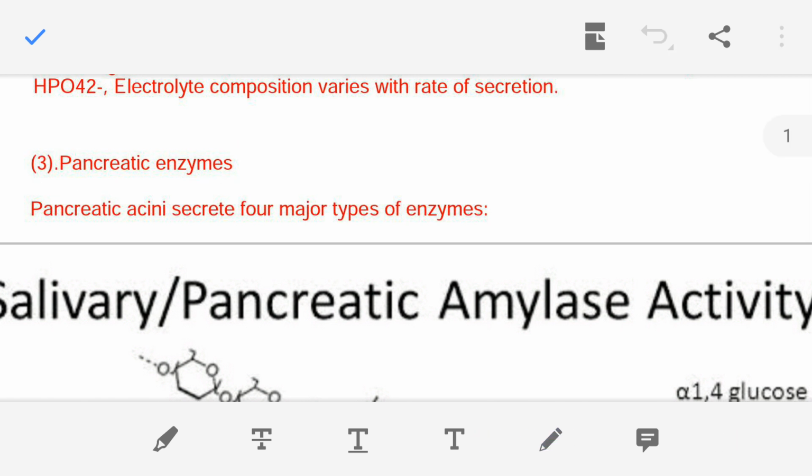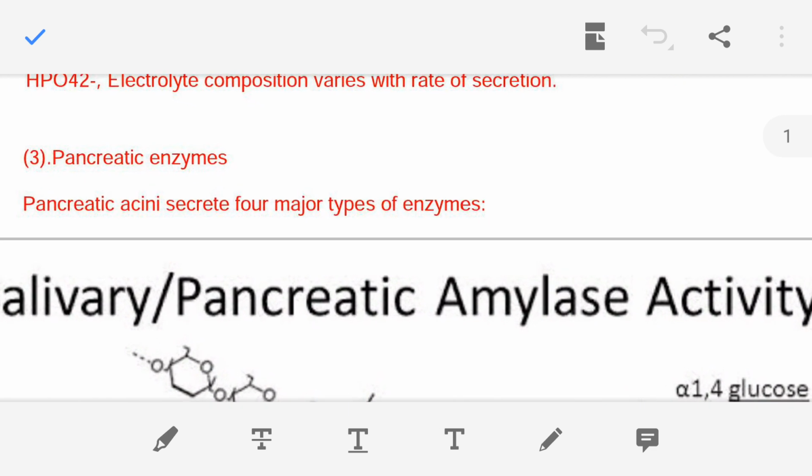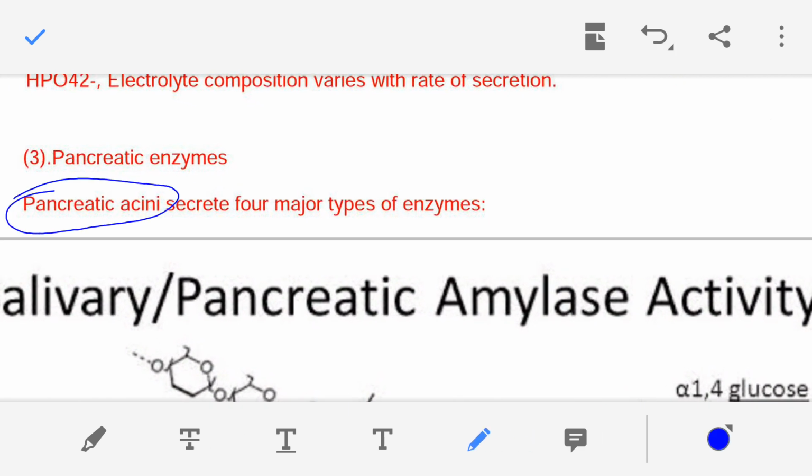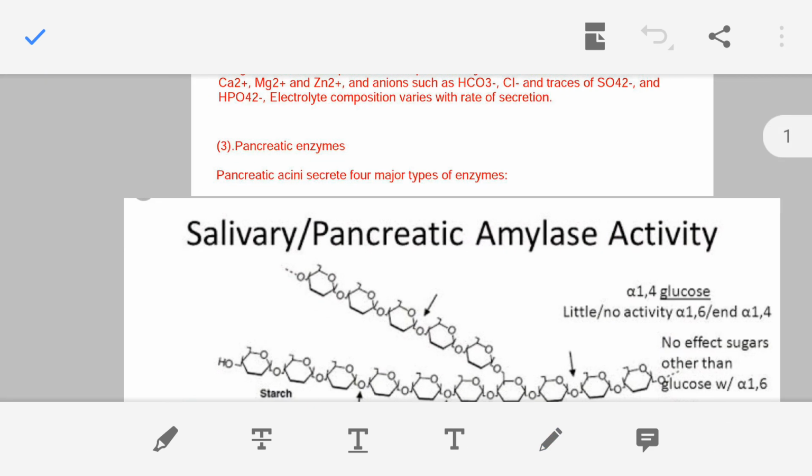Now the pancreatic acini. In our previous lecture on the histology of the pancreas, we have learned that the pancreatic acini secrete the pancreatic juice, and in the pancreatic juice, four main types of enzymes are present.